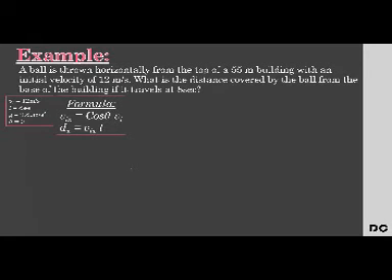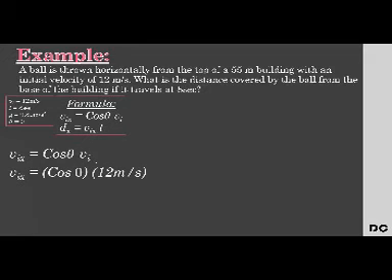Substitute theta equal to 0 and the initial velocity equal to 12 meters per second. Cosine 0 is equal to 1 times 12 meters per second, that is equal to 12 meters per second. That is the value of our vix.